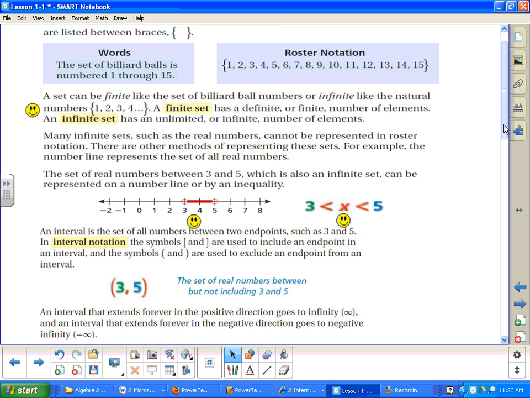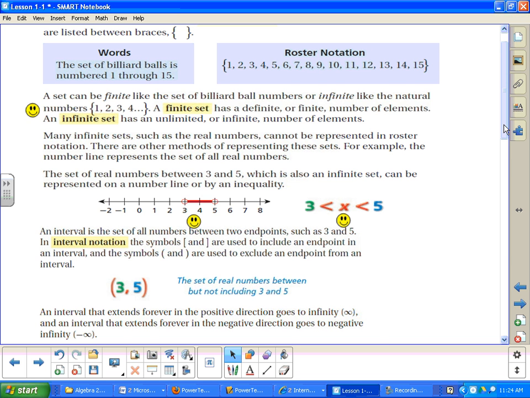So for instance, our numbers here on the number line from 3 to 5, or x greater than 3 and less than 5 as an inequality, in interval notation would be parenthesis 3 comma 5 parenthesis. In interval notation we use parentheses if it does not include the endpoints. We use brackets if it does include the endpoints.